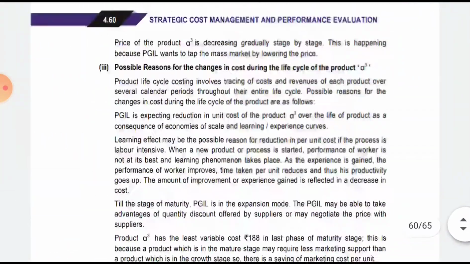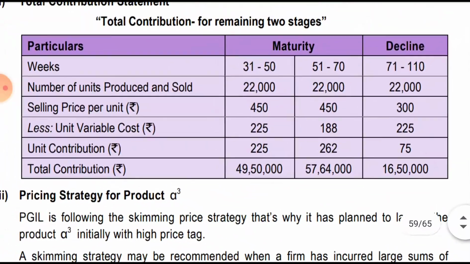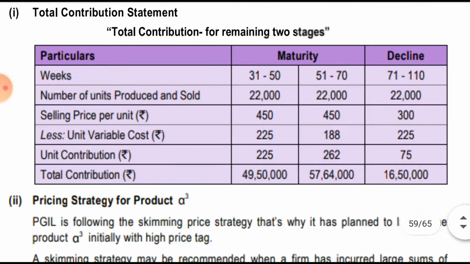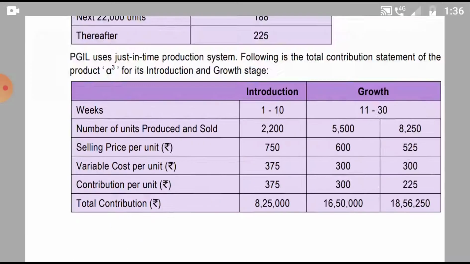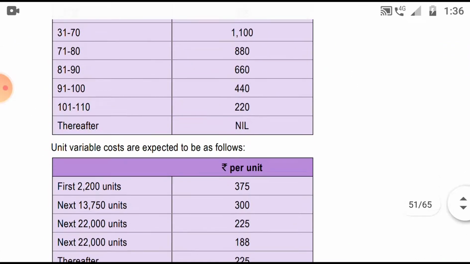On the basis of this we will simply prepare this. The next 22,000 and the next 22,000 were the maturity of that. The selling price is 450. We can see over here in the question.